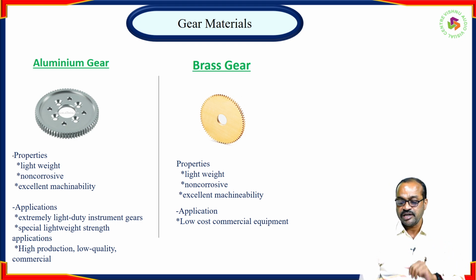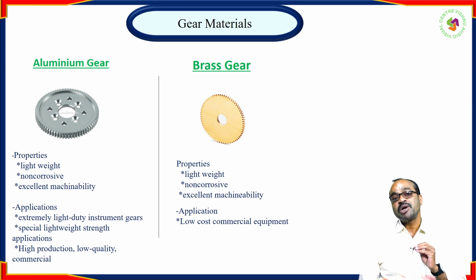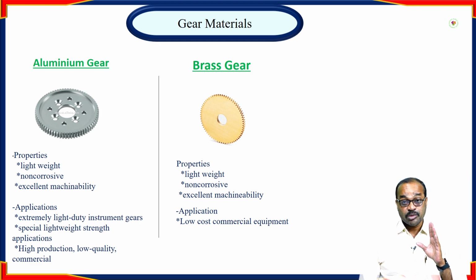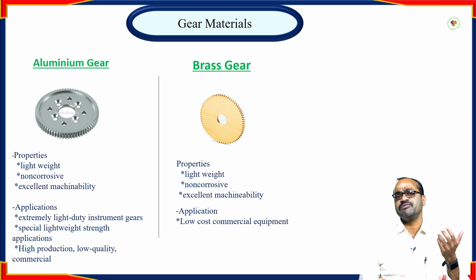Coming to brass gear, it is also lightweight, non-corrosive, with excellent machinability. We use brass gear only in low cost commercial equipment. But aluminum gear has a lot of applications in the world; we are using aluminum everywhere.